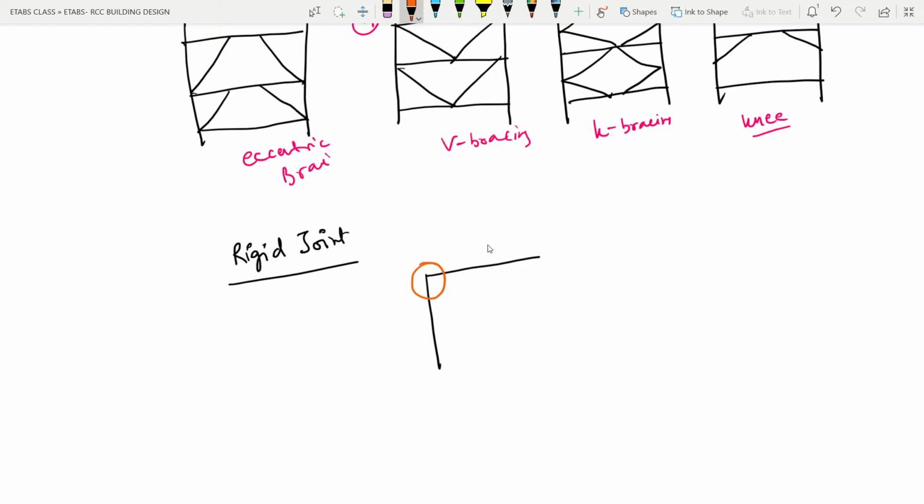Suppose force A is coming here, force B is coming, this particular node should be able to transmit the full extent of these forces to the connected members. If it can do so, then these joints are called rigid joints.